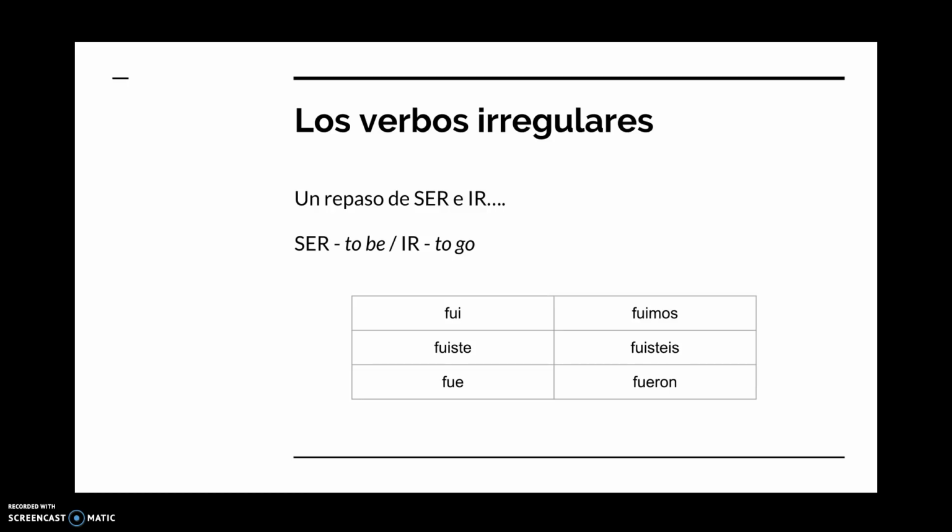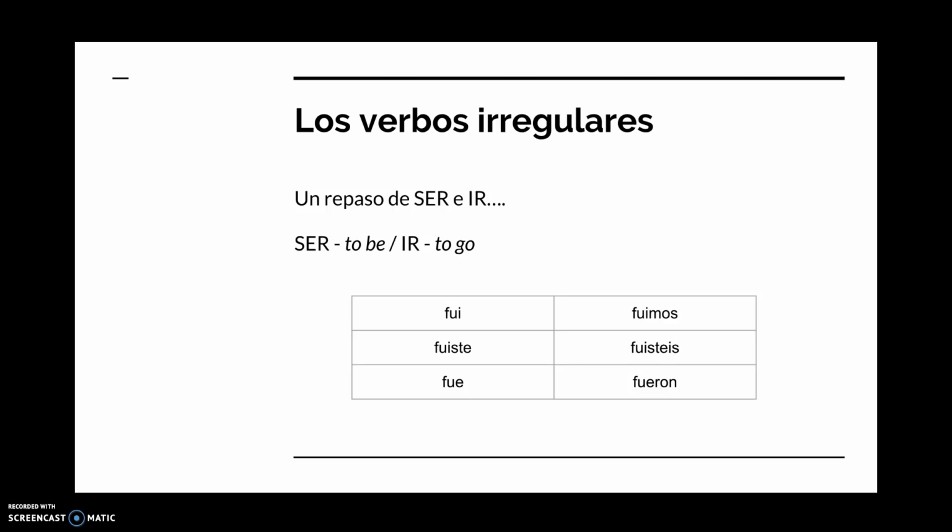So, por ejemplo, for example, if I wanted to conjugate the verb querer, to want, en el pretérito, I would take the stem quis and use it with all those endings. So I would have yo quise, tú quisiste, él, ella, usted quiso, nosotros quisimos, vosotros quisisteis, and ellos, ustedes quisieron.